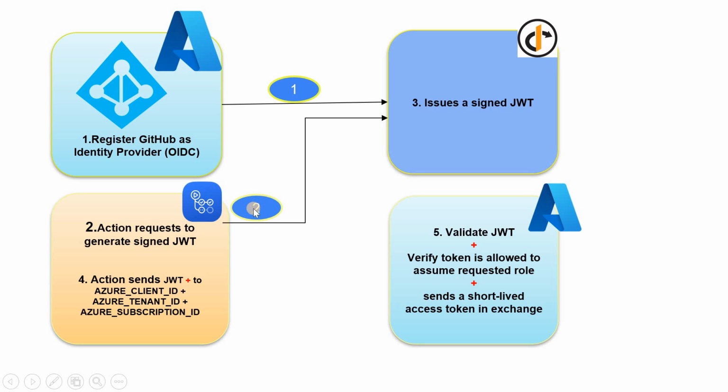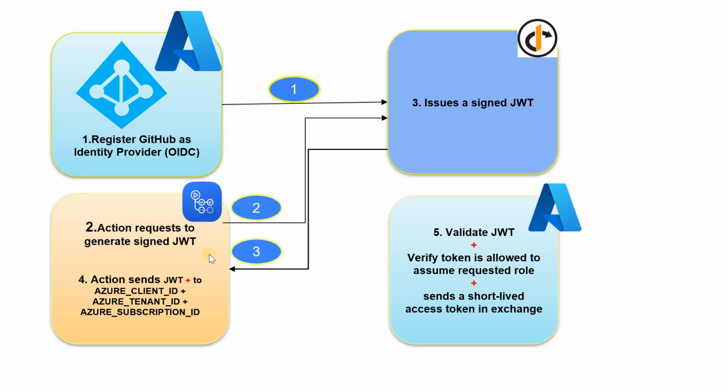That's where step number 2 is: GitHub Actions itself uses these credentials and requests a signed JWT token. In return, the identity provider for GitHub will return a secure signed token back to GitHub Actions.